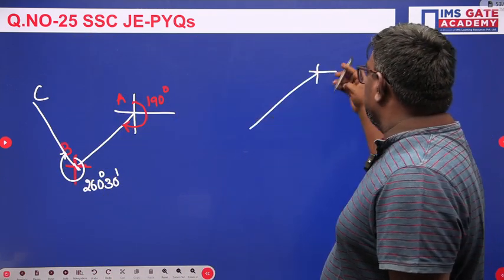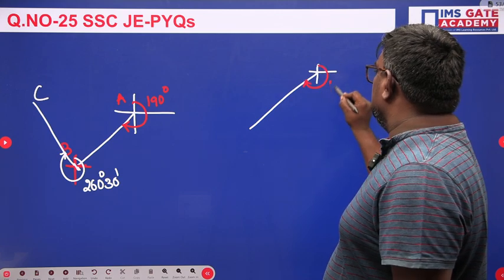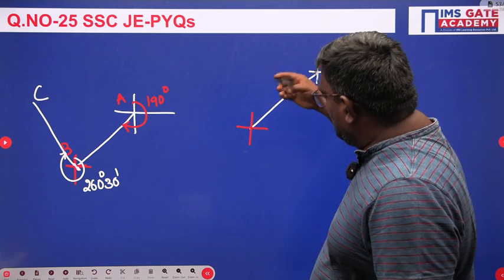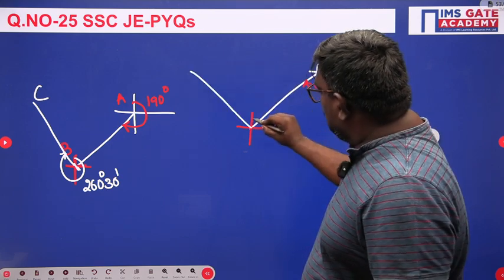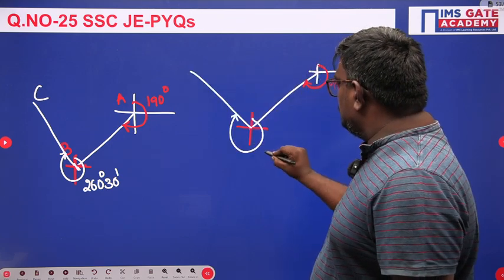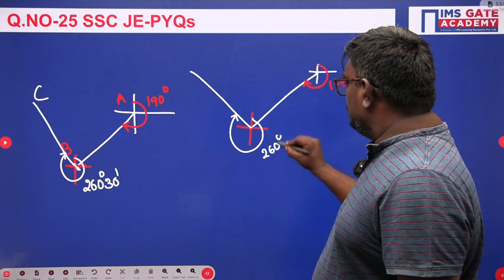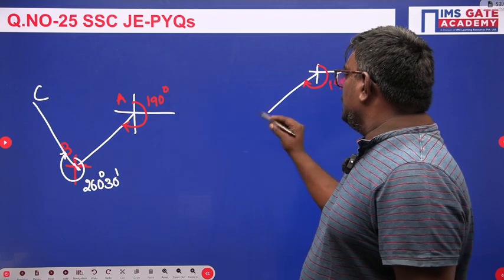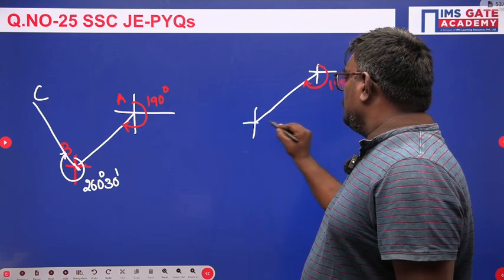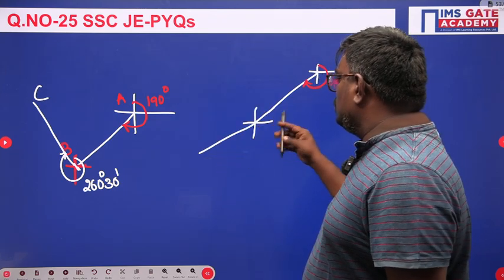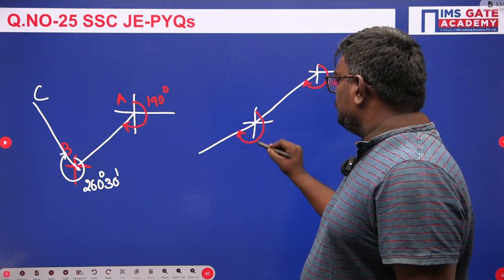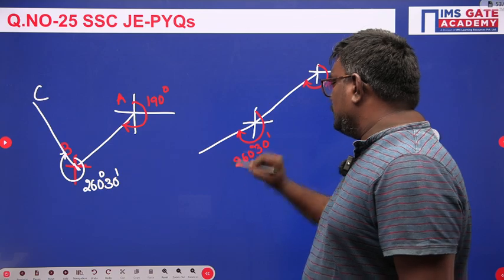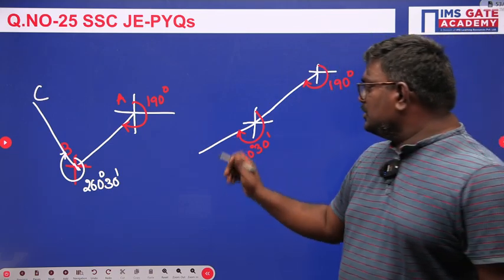This is 190 degrees, and this is 260 degrees 30 minutes. Agree? Because it is in the third quadrant.